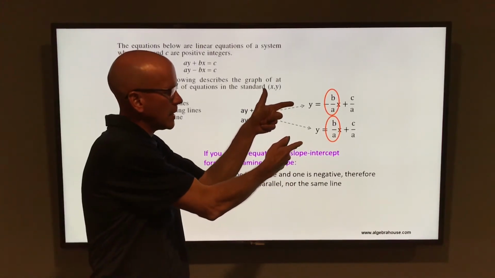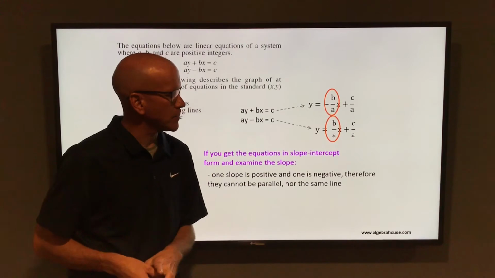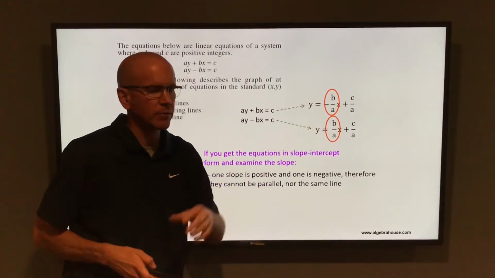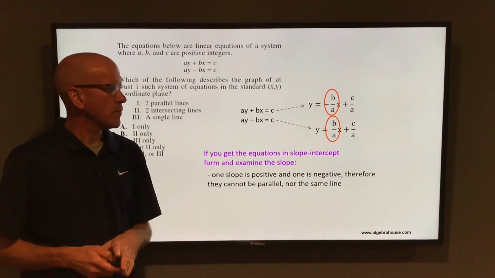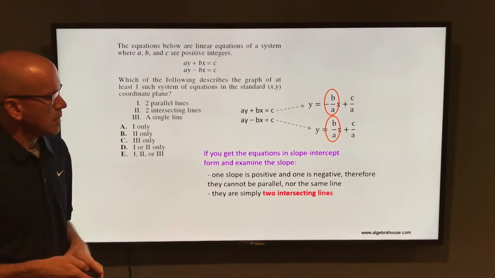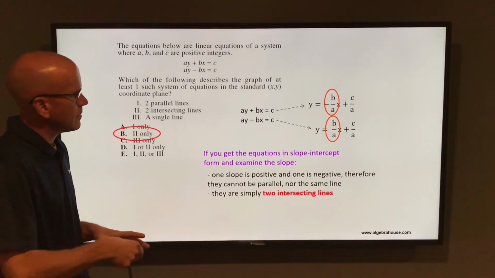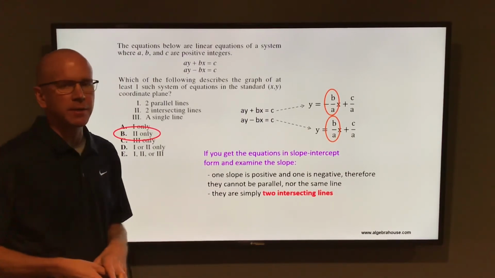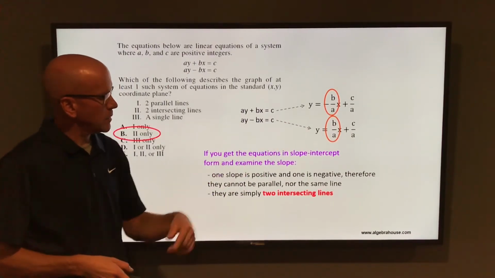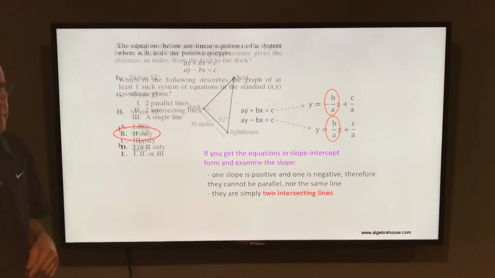What we're looking at here is two different slopes with the same y-intercept, so they are simply two intersecting lines. They are actually intersecting at the y-intercept. So just two intersecting lines, that is letter B.